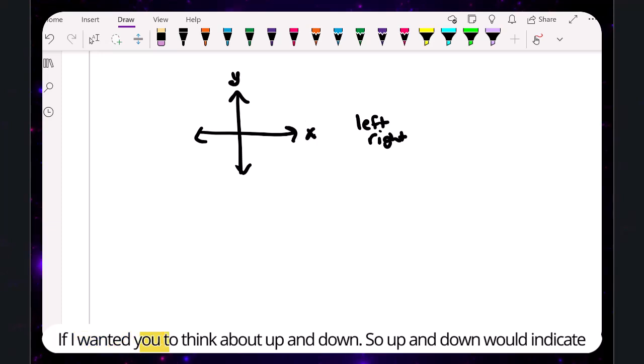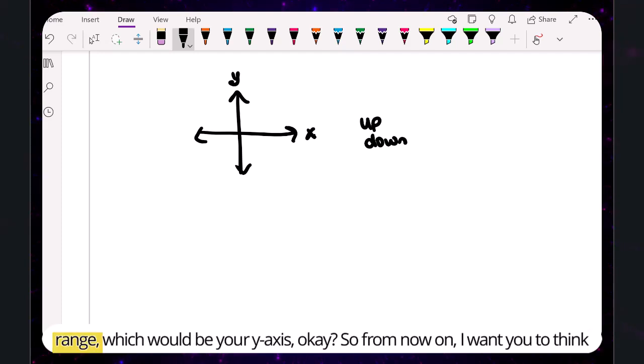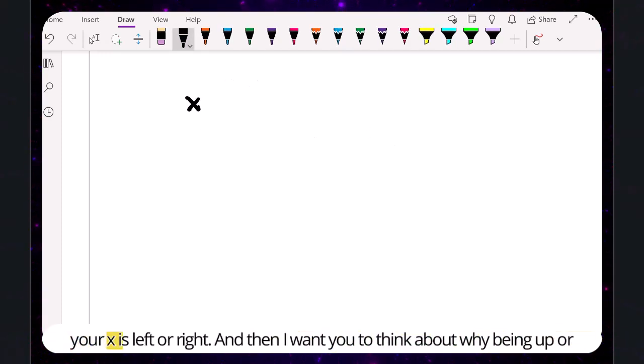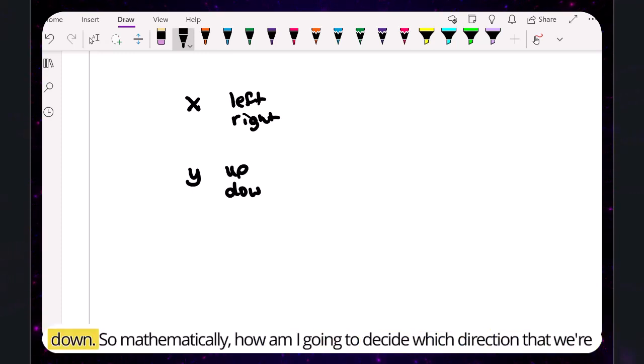If I wanted you to think about up and down, so up and down would indicate range, which would be your y-axis, okay? So from now on, I want you to think your x is left or right, and then I want you to think about y being up or down.